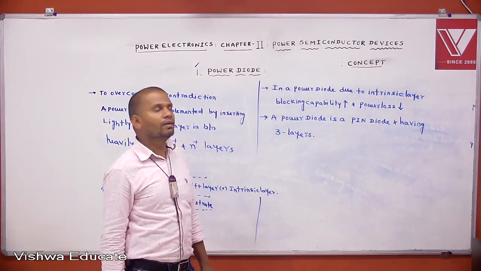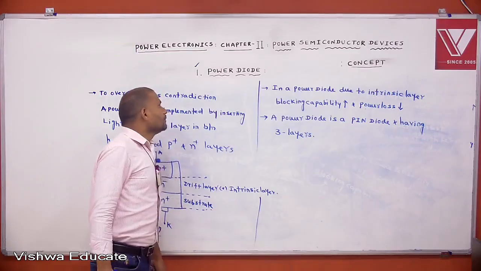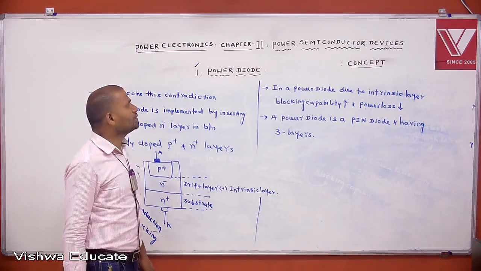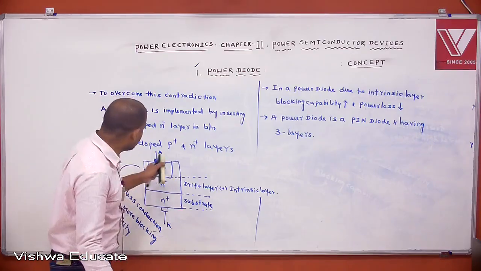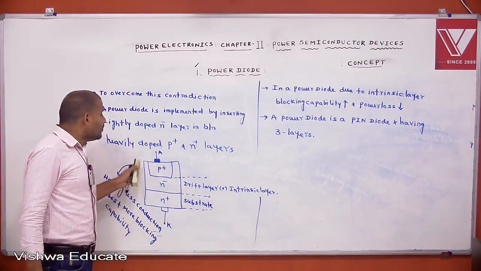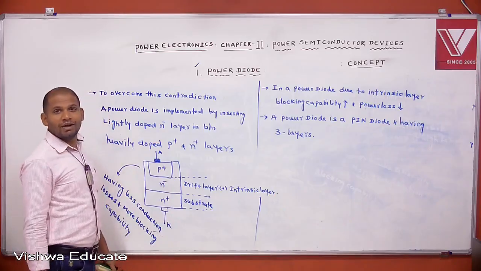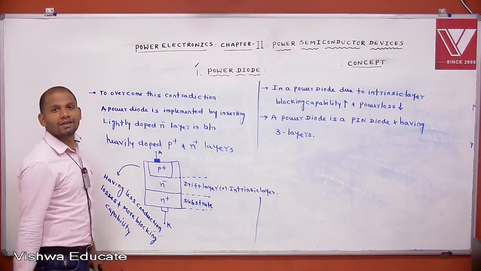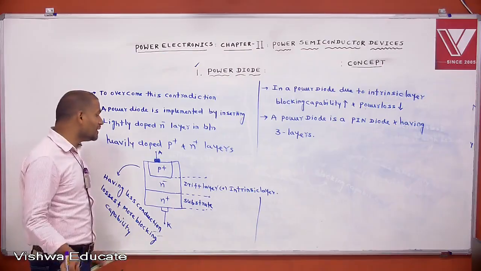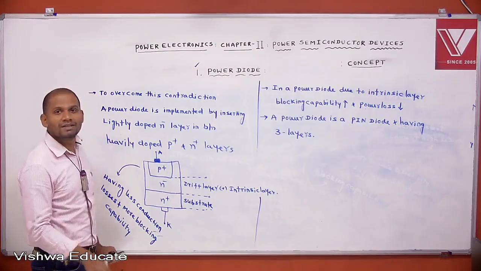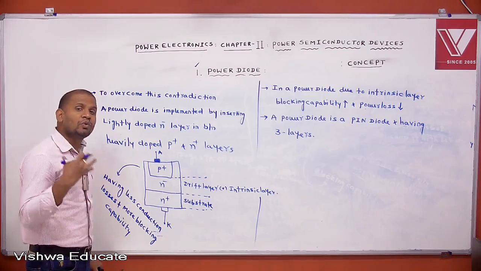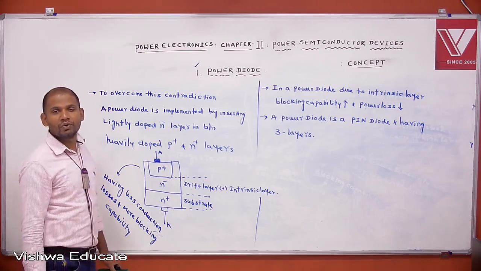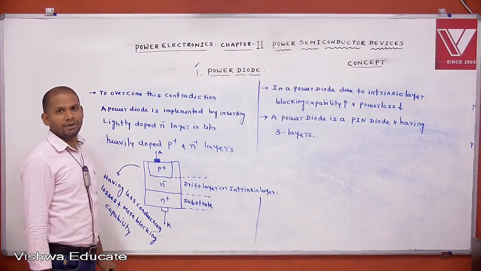Understood? So this is about the constructional features of the power diode, and how we can implement it. What is the need of placing the intrinsic layer? It is implemented with the drift layer, that is the intrinsic layer, in order to reduce the losses and to improve the blocking capability.